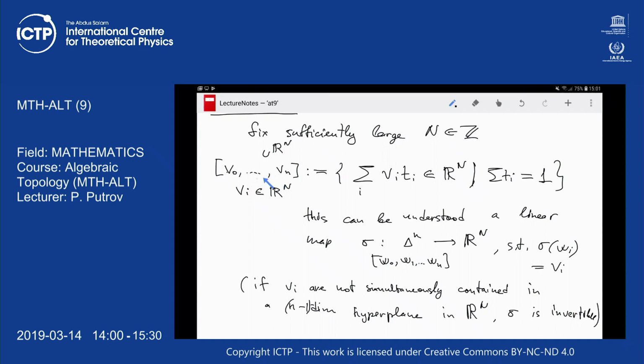But it can happen that it's degenerate. For example, a triangle may be such that the three points lie on the same line.